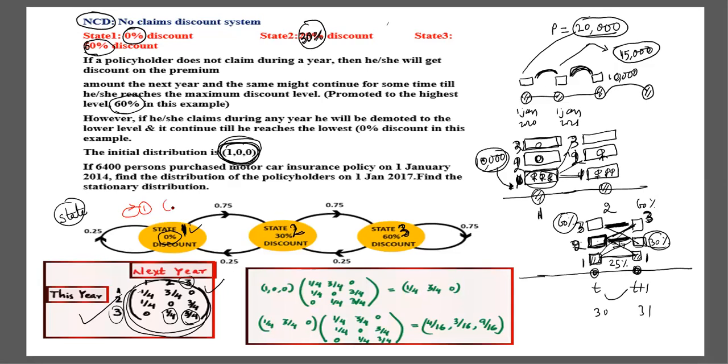If you have 1 to 2, you have to draw this way. If you have 1 to 3, you have to draw this way. 1 to 3 is 0 here, so there is no arrow going from 1 to 3. There is no direct connection from 1 to 3.